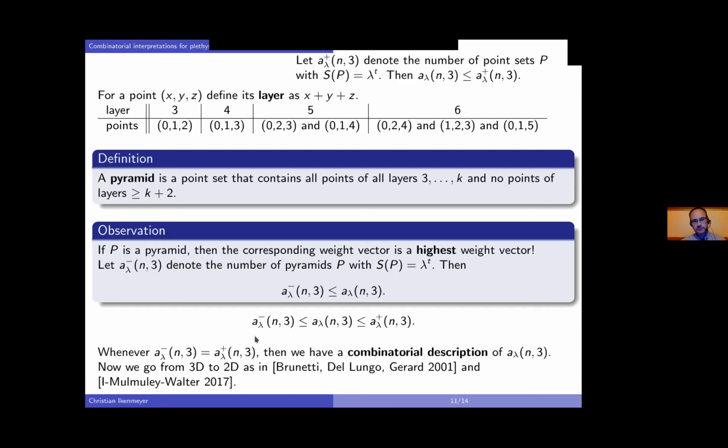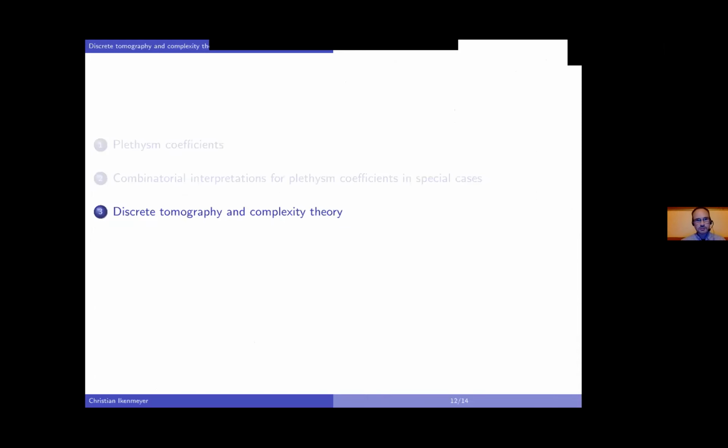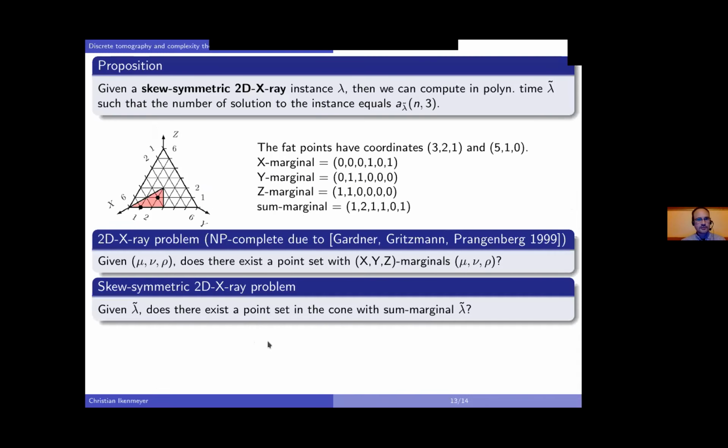So you can go from 3D to 2D. I have very few slides to illustrate what's happening, but this is basically a key thing. Now there's a combinatorial interpretation. And so what you end up with is this combinatorial description of the Plethysm coefficient in these very specific cases, which enables you to prove some really interesting things. Say this is a proposition.